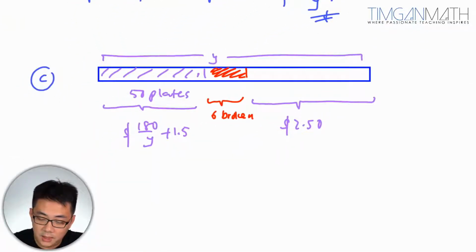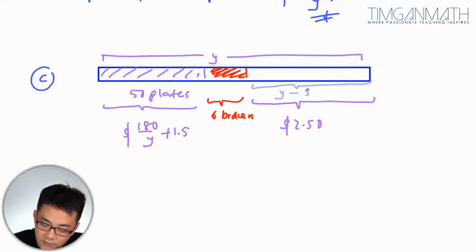In this case, the number of plates, you need to deduce by yourself, would be Y minus 50 minus 6, so Y minus 56.